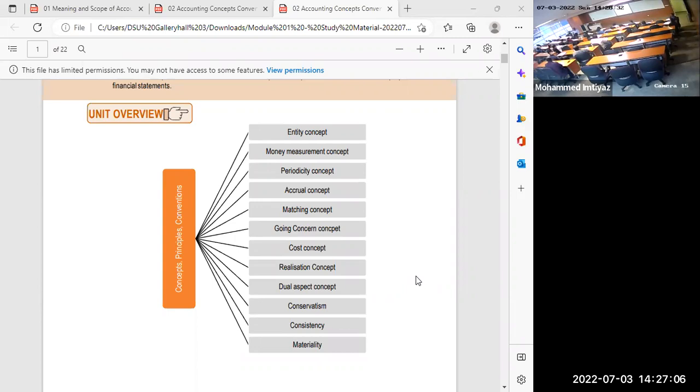Suppose you are making a sale for rupees 2 lakhs. Don't say single entry, simple entry, or only one entry, but there are two aspects to it. One is plus, one is minus. If you make a sale, simple. Actually, this has been practiced for ages.